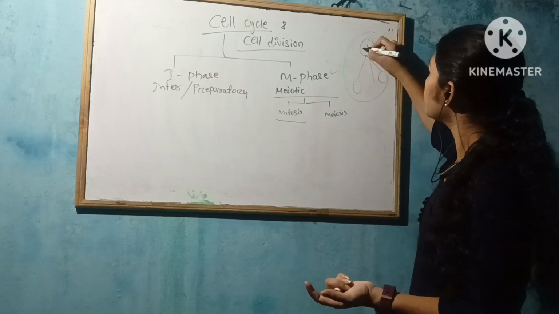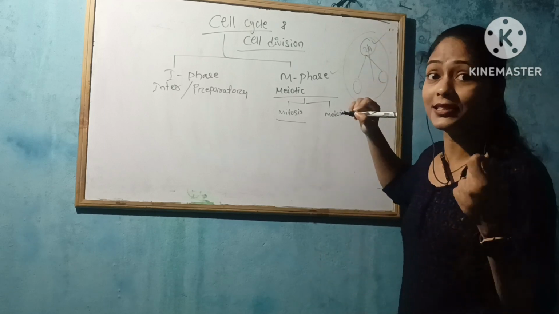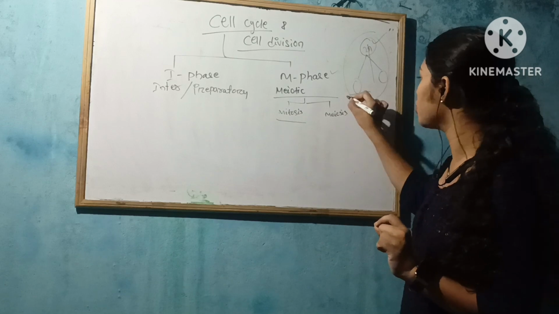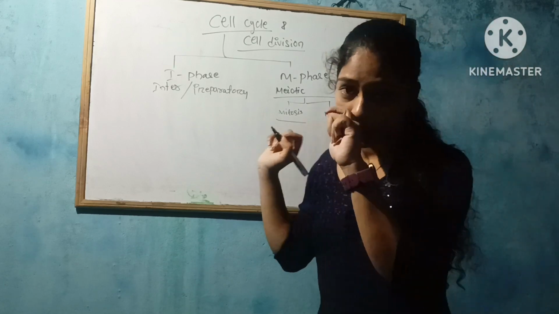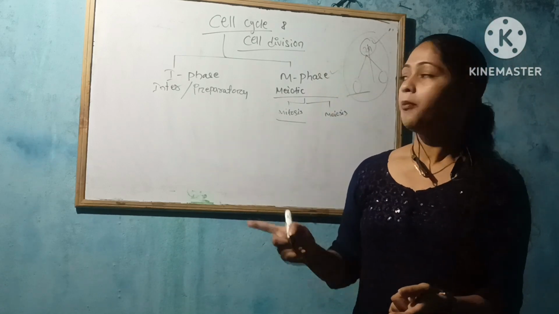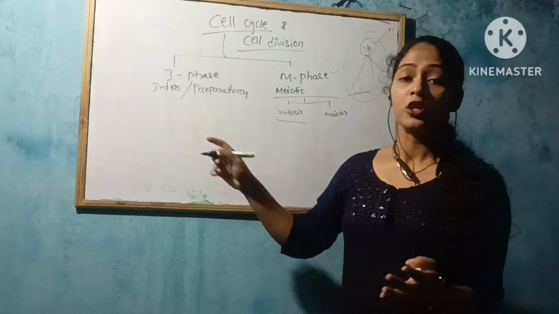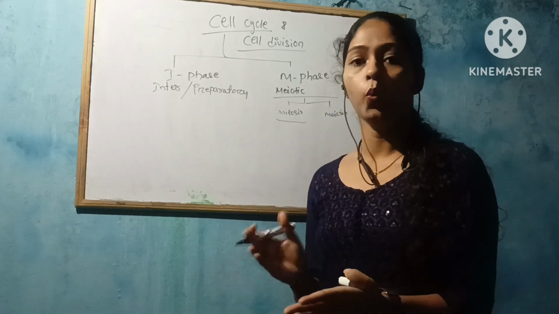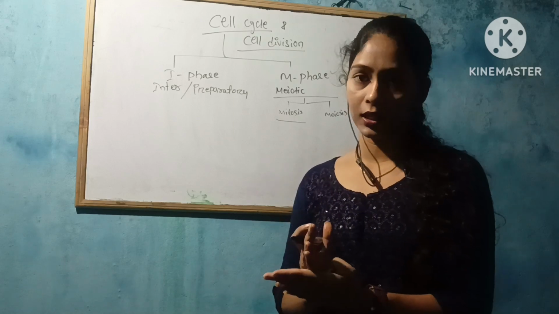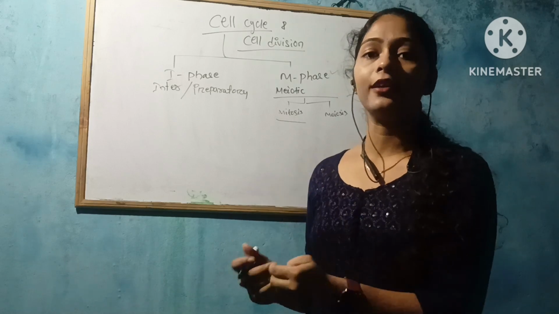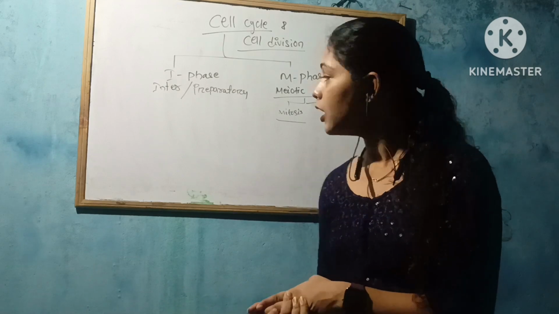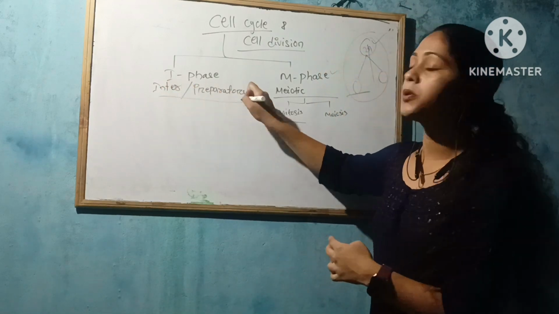So the number of chromosomes in the mother cell is equal to the number in the daughter cells as well, right? Then how does it occur? By this process, interphase. Basically the preparatory phase is the time period of the cell cycle where a single cell gets ready for mitosis and meiosis division. So that's why it is also known as the preparatory phase.